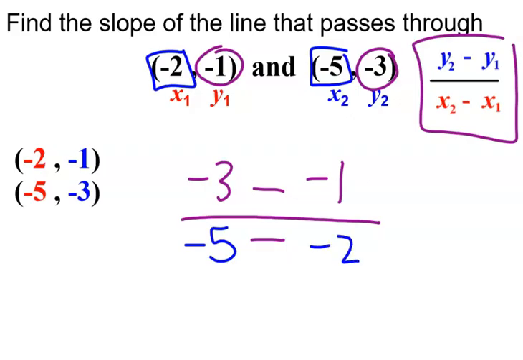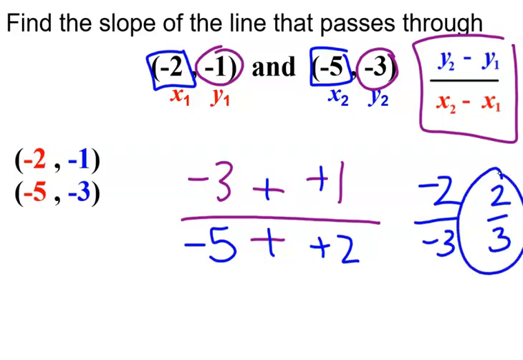There's a lot of negatives up in here, but whenever you subtract a negative, you're really going to add the opposite. That gives us -2 over -3, which can be simplified to +2/3.